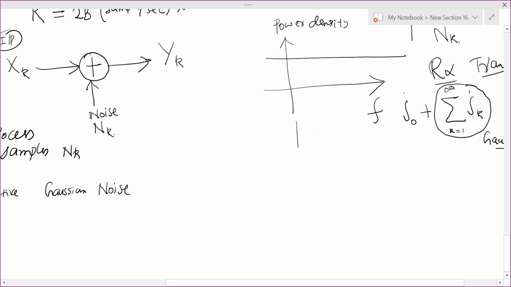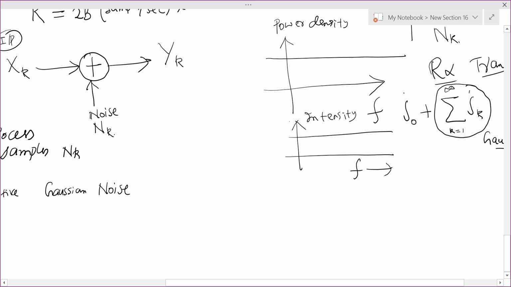If you compare this with white light, if you plot intensity versus frequency, we see that in white light the proportion of every color is the same. Color is actually related to frequency. So in white light the intensity is because of all the colors, and that is the same. So the intensity versus frequency of white light is constant.